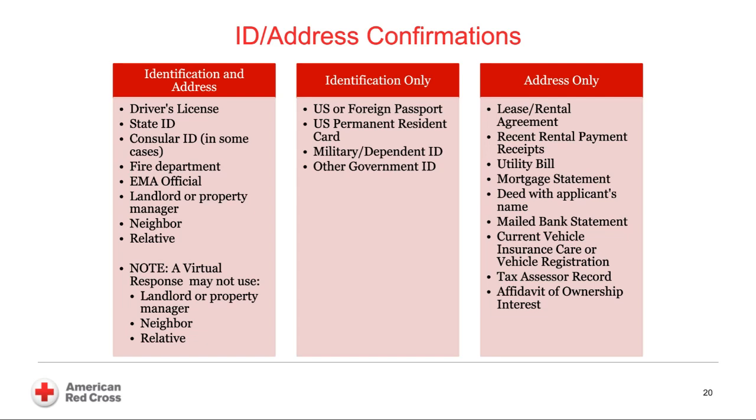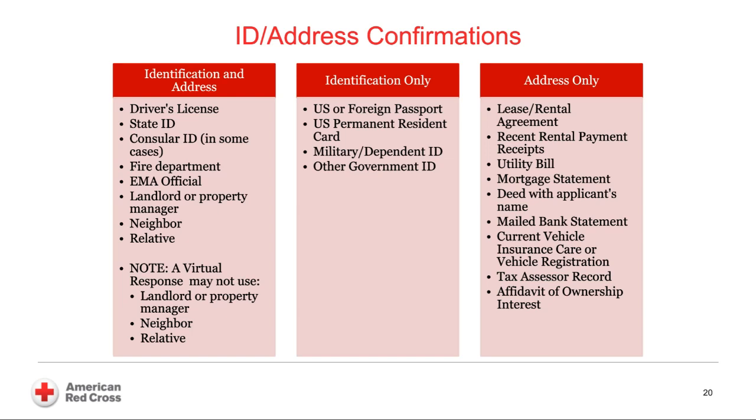However, in some instances, the client does not pass that automated identity and address confirmation, so the primary client is going to need to provide proof of their identity and address. So on this screen, you can see several ways to confirm our client's ID and address.